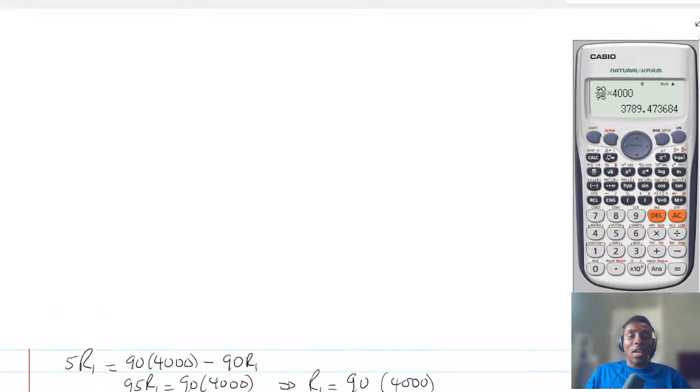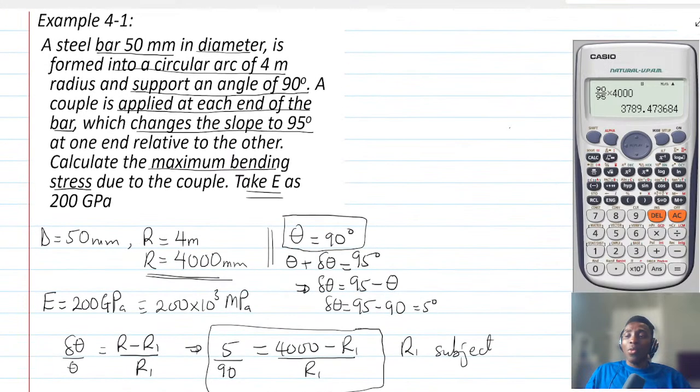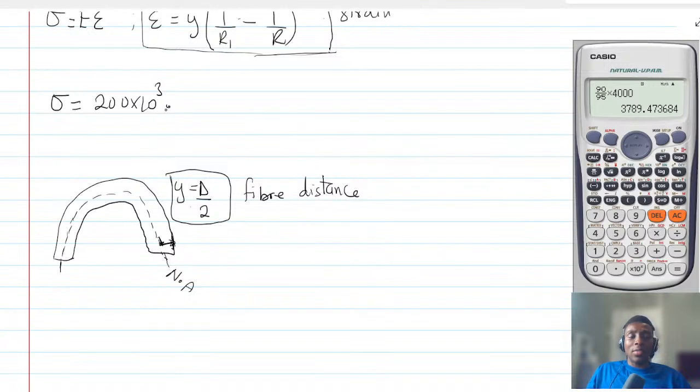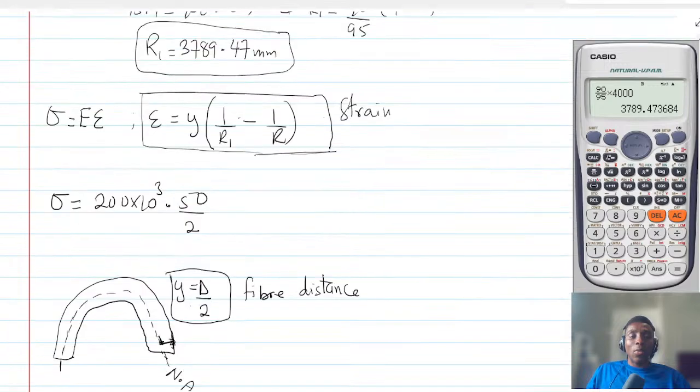And from the question, the diameter was 50 millimeters. So 50 divided by 2 is the y.